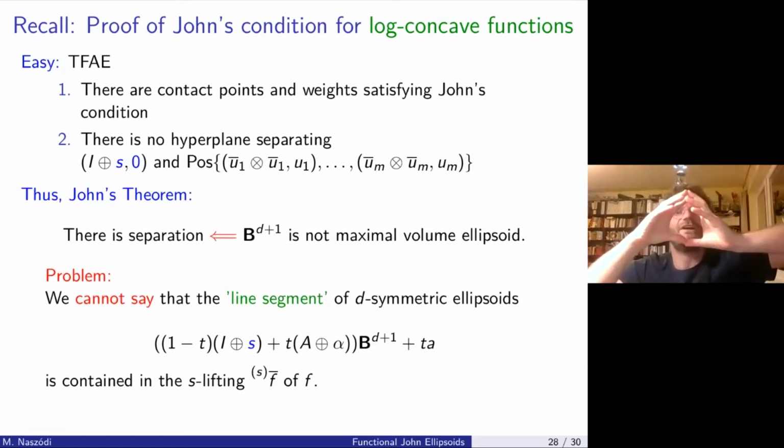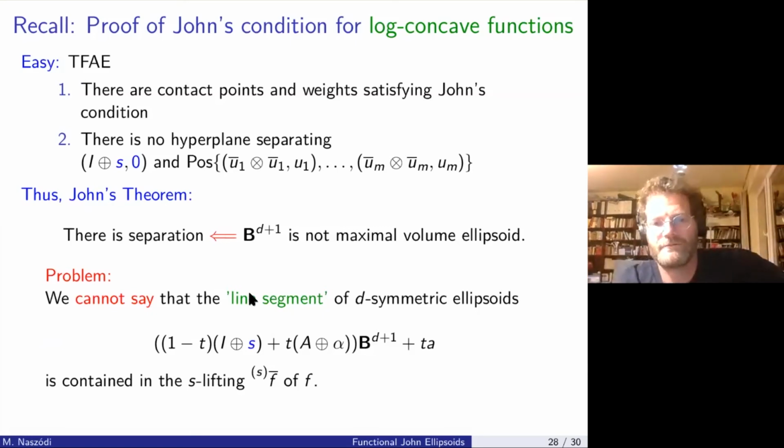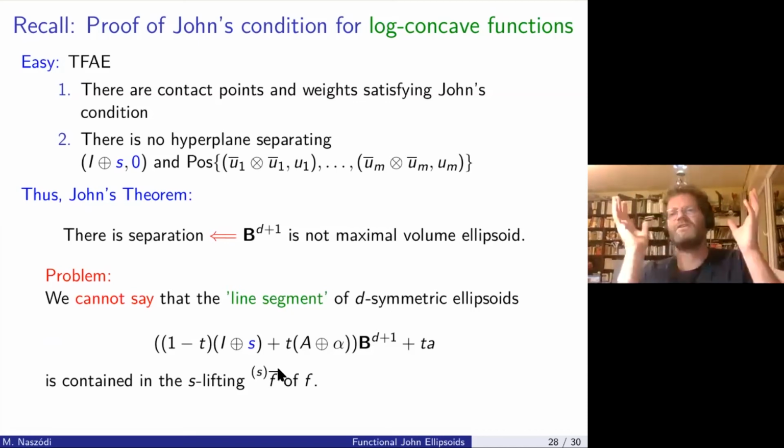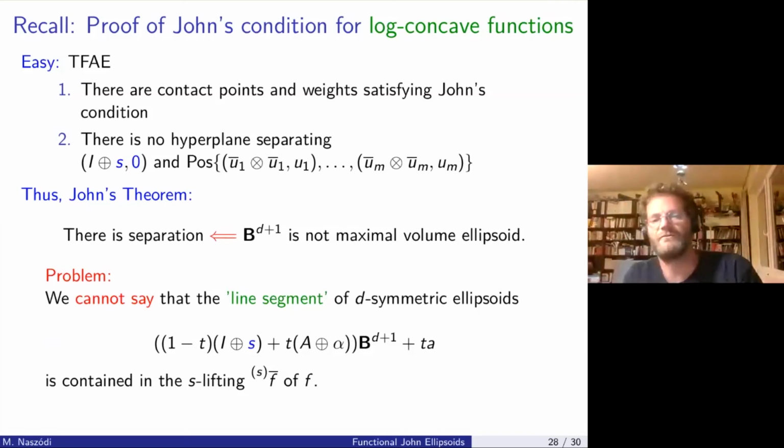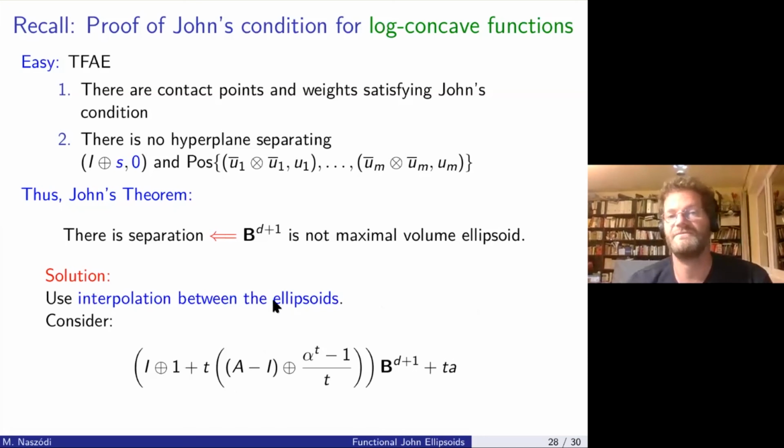It will be contained in the S lifting of F, and its volume is bigger, and we're happy. It won't work because here's the point: this S lifting is not convex. It's not a convex body necessarily. So here comes our interpolation between ellipsoids. Again, don't look at the formula. You can check it later. That helps us out.